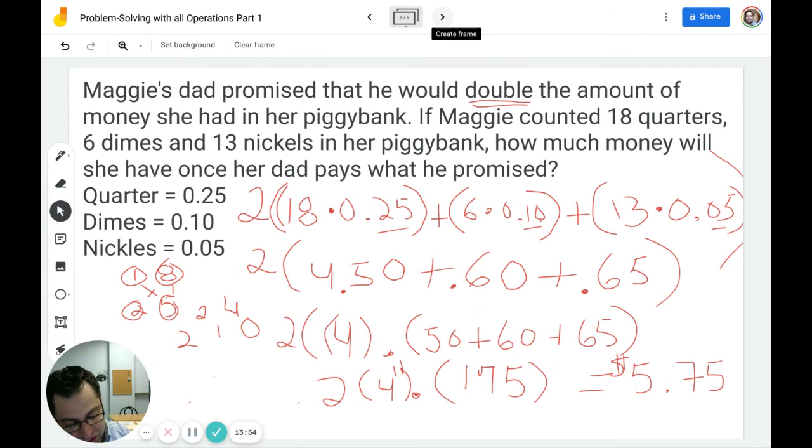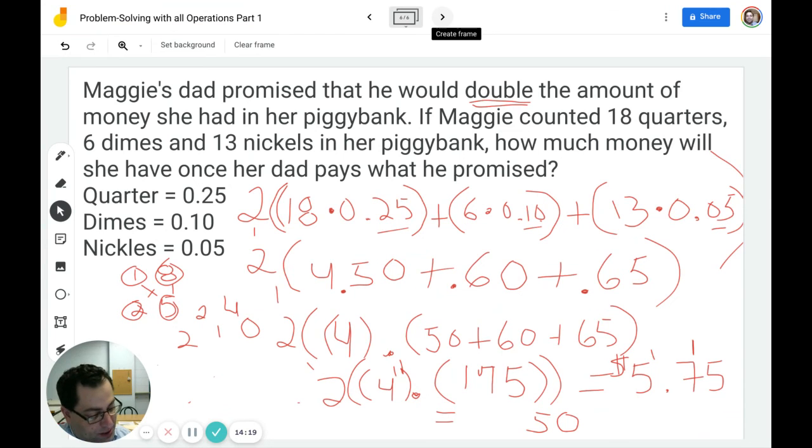That this 2 continuously has to come down, and now it's time to multiply by 2. So we have 2 times 5 is going to be 10. Carry the 1. 2 times 7 is 14 plus 1 is 15. Carry the 1.